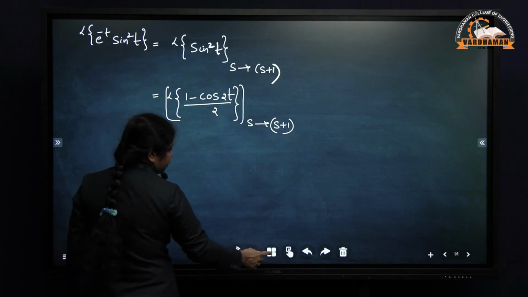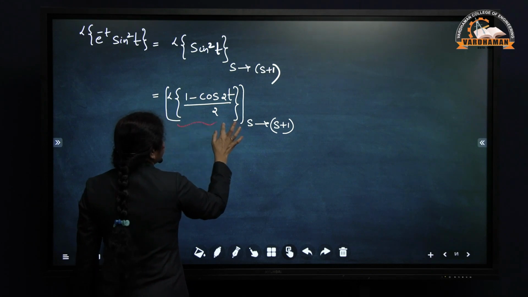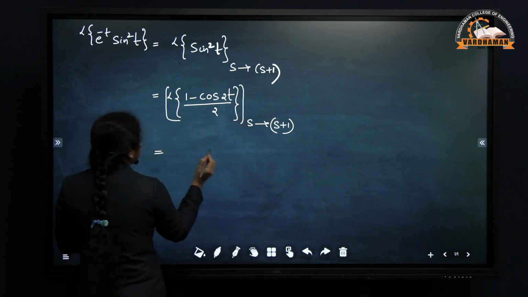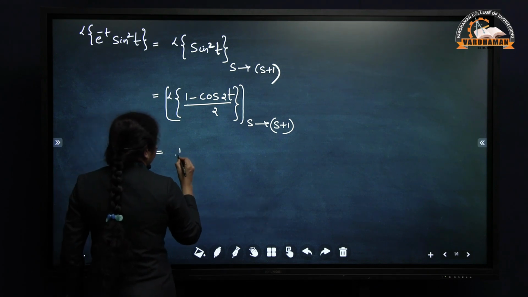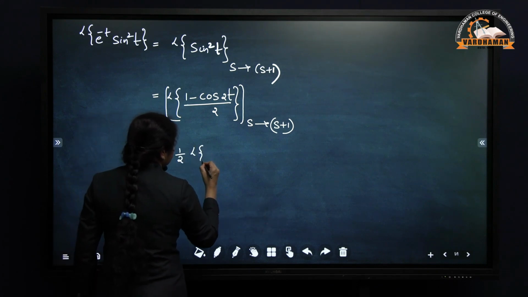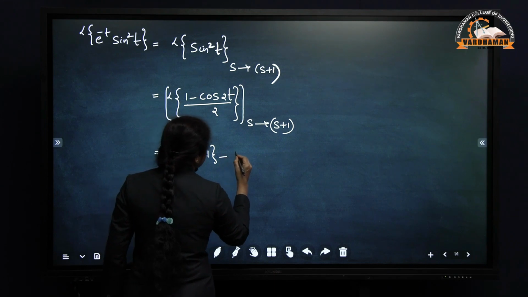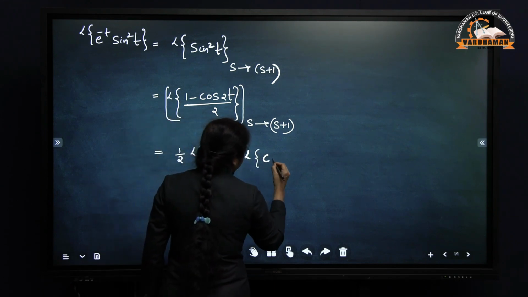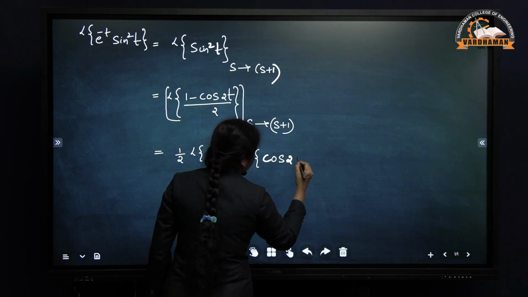So now using linearity property, this term can be written as 1 by 2 into Laplace transform of 1 minus 1 by 2 into Laplace transform of cos 2t.